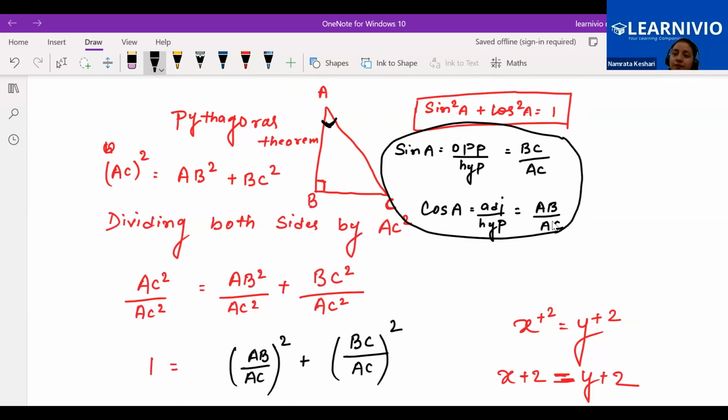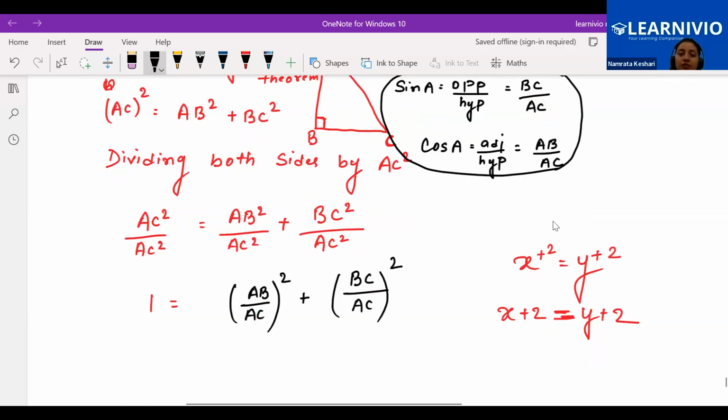Can I write sin A? Yeah. So in place of BC by AC, I am writing sin A. And in place of AB by AC, I am going to write cos A. Is it okay? Yeah.